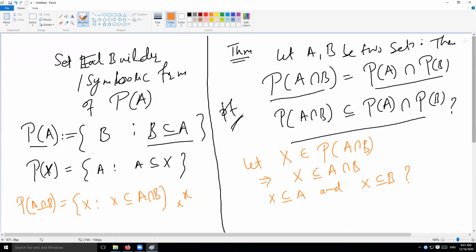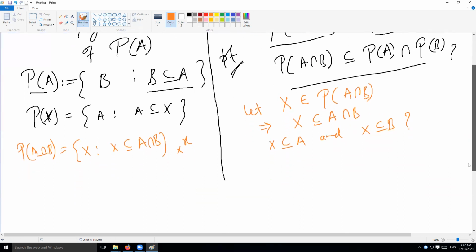I can't just say that since X is a subset of the intersection of A and B, X must be a subset of A and of B. The question is how you justify it.